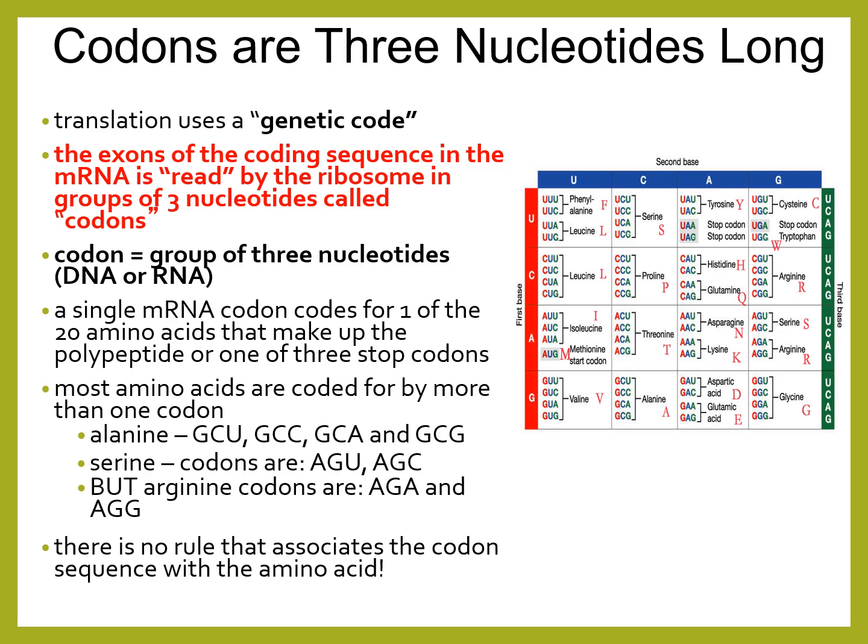I promise you that when I have you transcribe and translate on an exam, and I will have you transcribe and translate on an exam, I will give you a codon table. And when you are translating these exons into their amino acids, you may write the full amino acid out. You may write the 3-letter abbreviation, or you could write the 1-letter abbreviation.